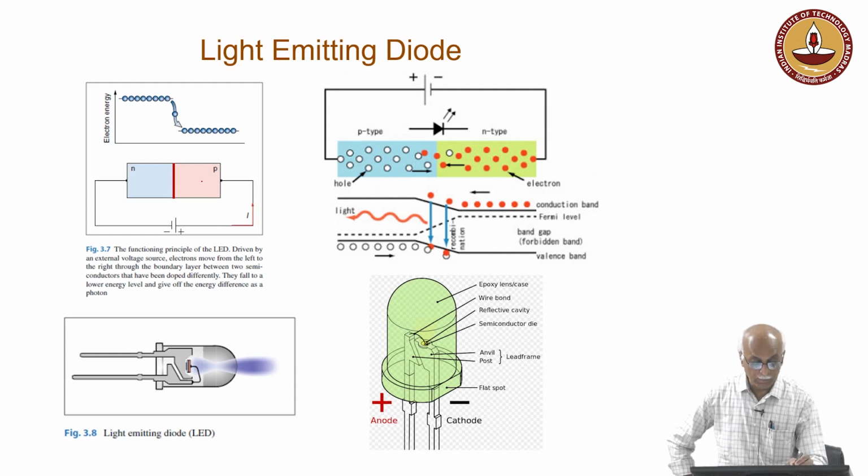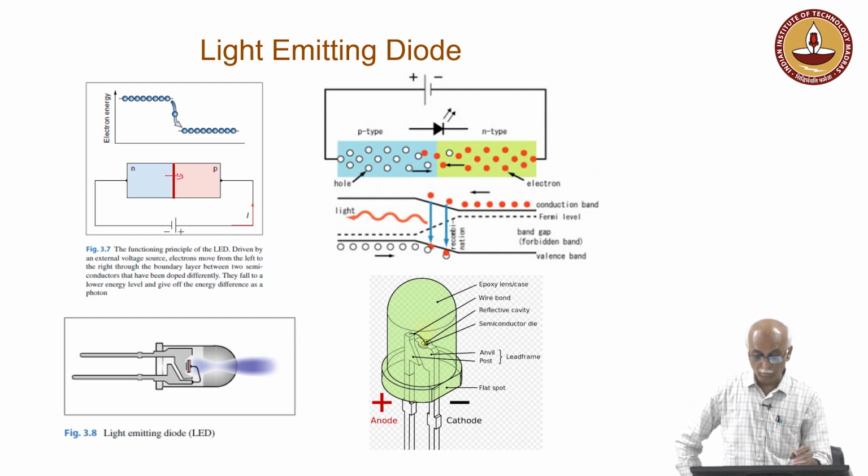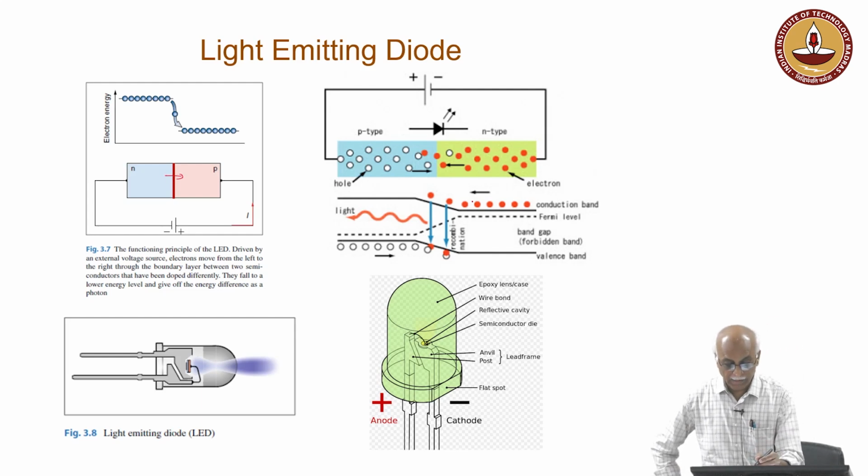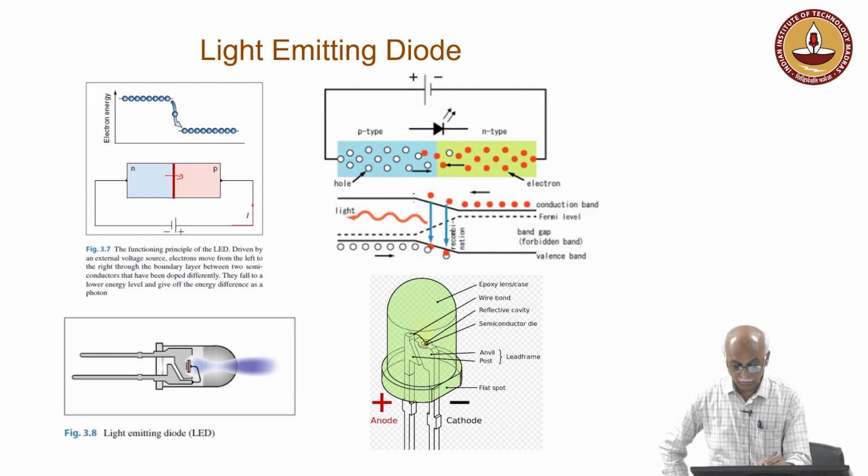Current flow will be in this direction, and correspondingly the electrons will be traveling in this direction. So, from the n type the electrons will travel to the p type, but at the junction they will get concentrated.